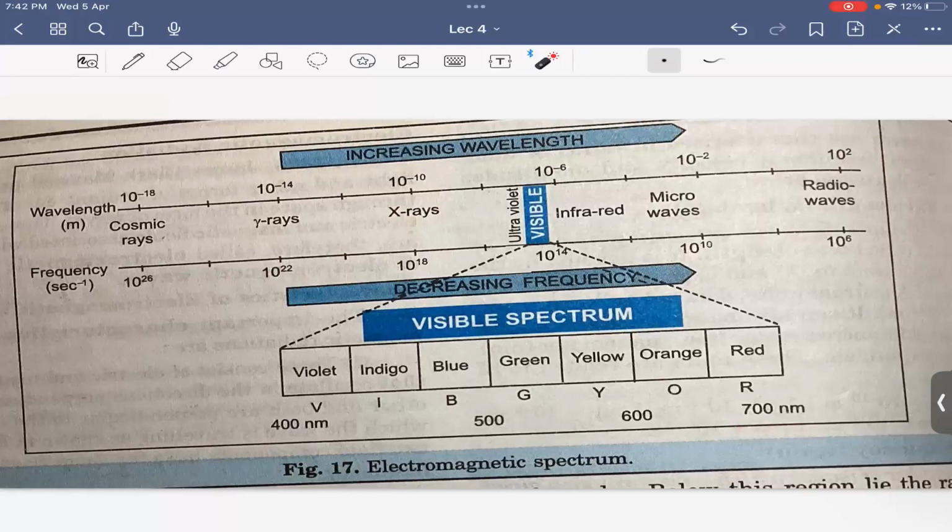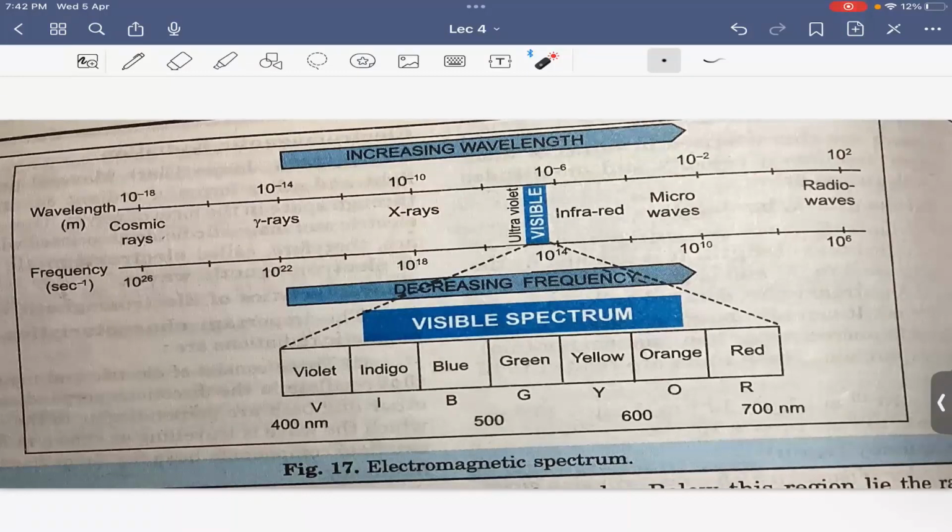The frequencies and wavelengths of the radiations corresponding to colors in between lie between these two extreme values.